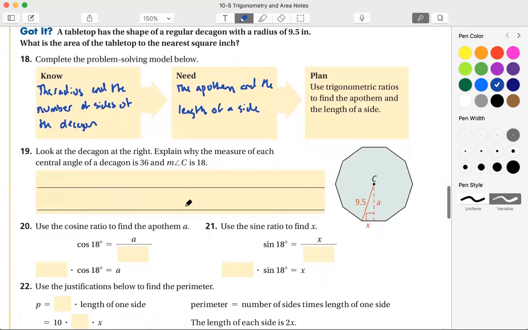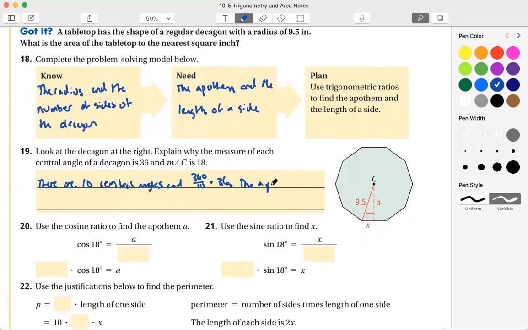So we're going to look at the decagon at the right and explain why the measure of each central angle of the decagon is 36 and why the measure of angle C is just 18 degrees. So there are 10 central angles, and 360 divided by 10 equals 36.